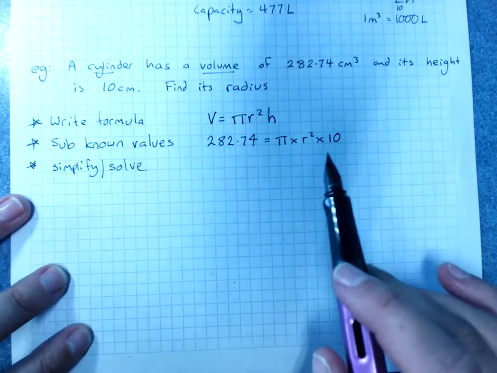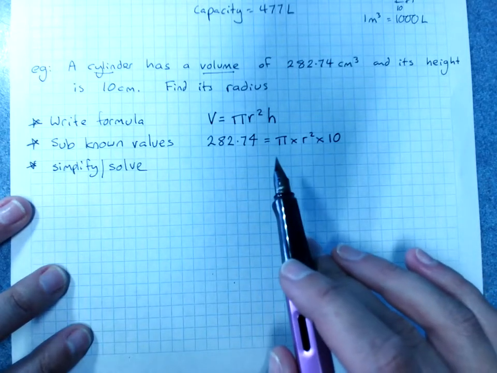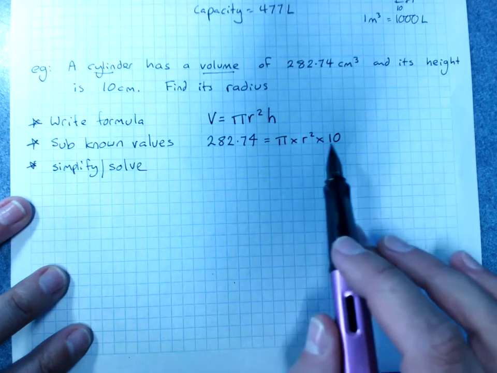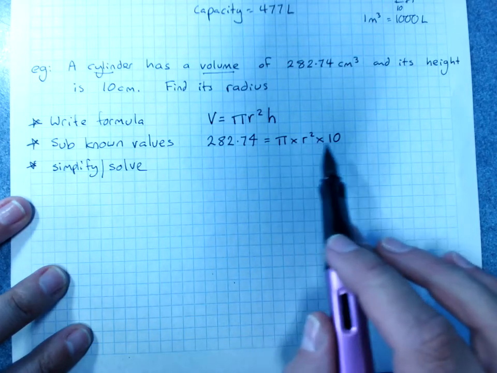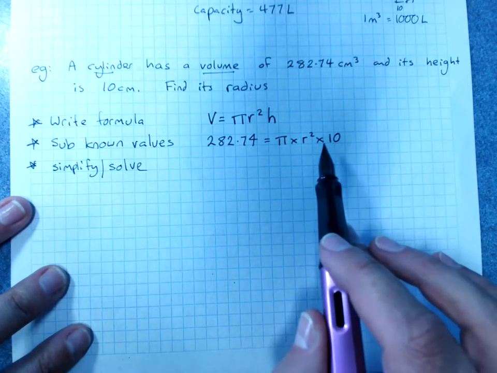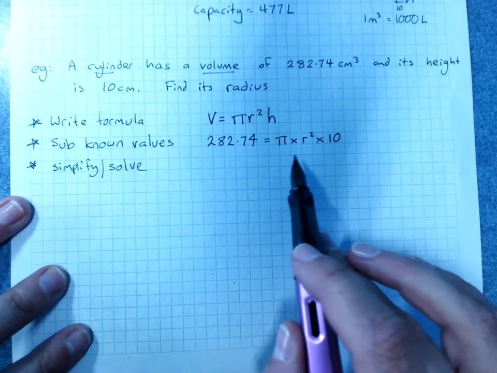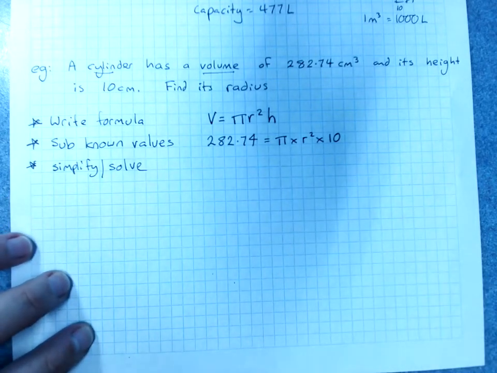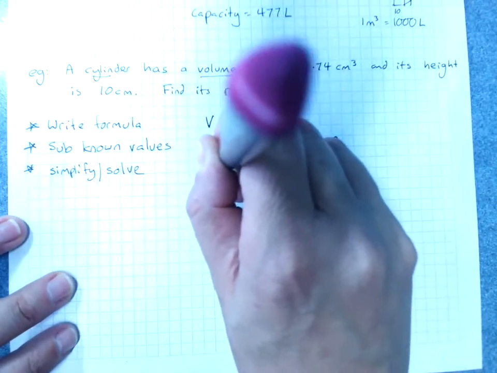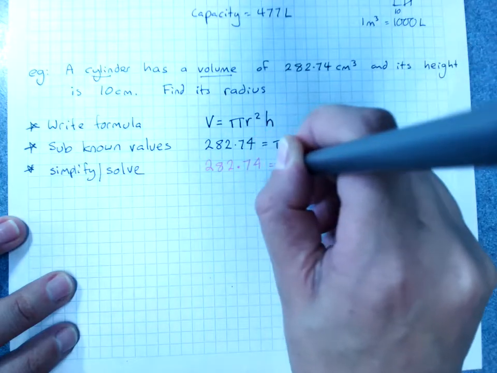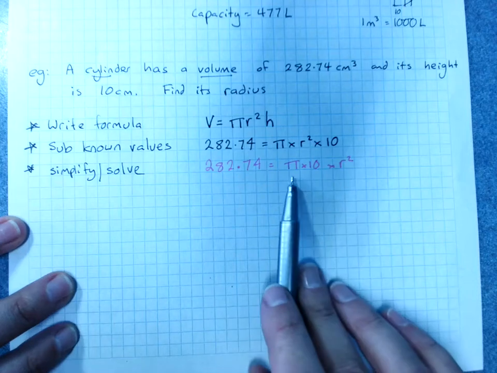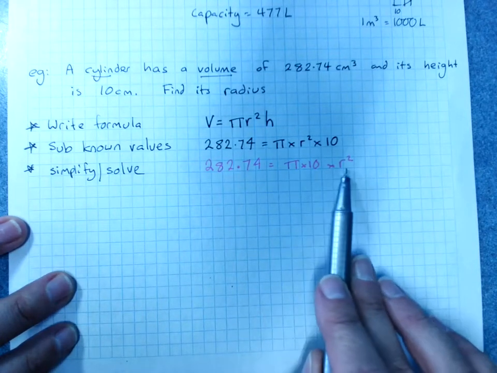Any multiplications you can do, keeping exact values is easier. So this pi times 10, remember you can rearrange multiplications, so it doesn't have to be pi times r squared times 10, it could be 10 times pi times r squared. I'm just going to do my next line in pink because it's not actually necessary. Pi times 10 times the radius squared.